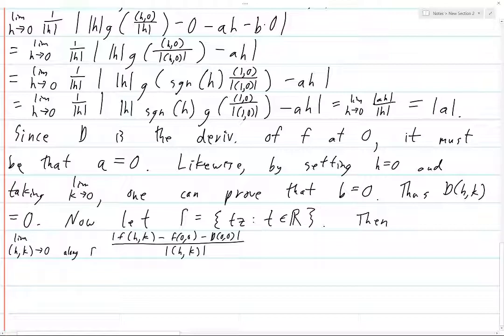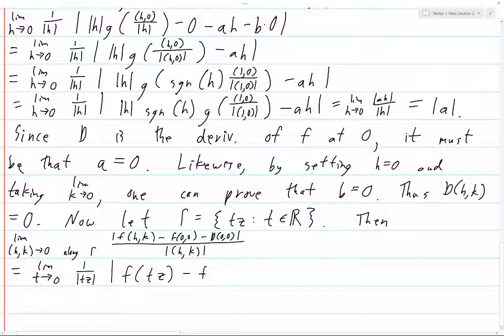Now, if we're taking the limit as h and k approach 0 along gamma, then that's the same as taking the limit as t goes to 0 of 1 over the norm of tz, multiplied by f of tz minus f of (0, 0) minus D of (0, 0).